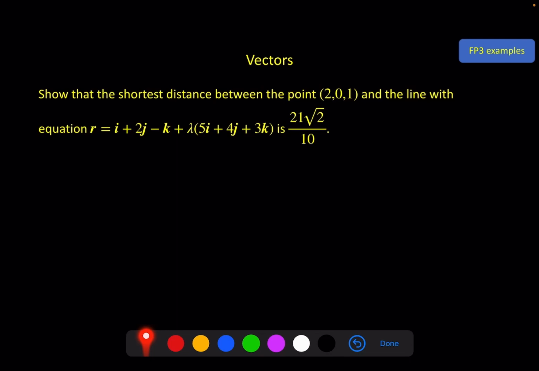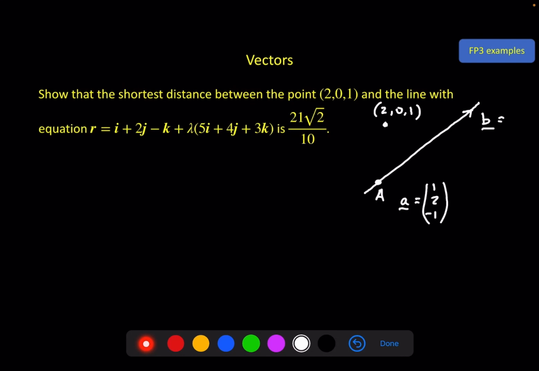Show that the shortest distance between the point this and the line with the equation this is this. And I've edited this question slightly to emphasize that it's the same method for a point and a line as it is between two parallel lines. So if this point is 2, 0, 1, and the line here has a position vector for point A given in the equation here, 1, 2, minus 1, then we know A straight away, and we know B from the equation as well, 5, 4, 3.